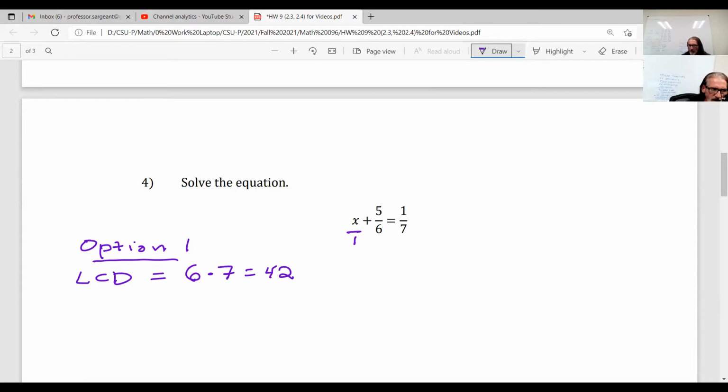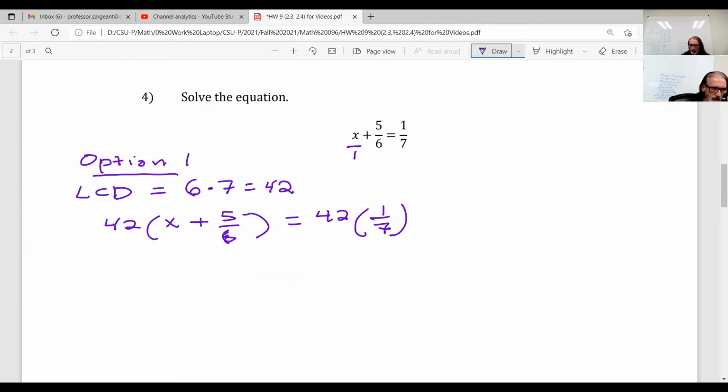So I could multiply everything by 42, and then distribute before I do any reducing.